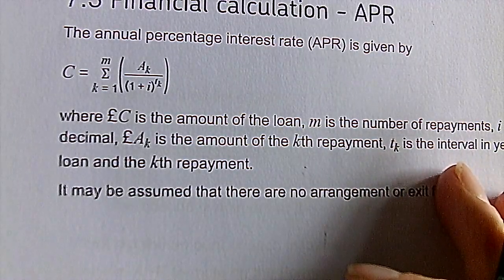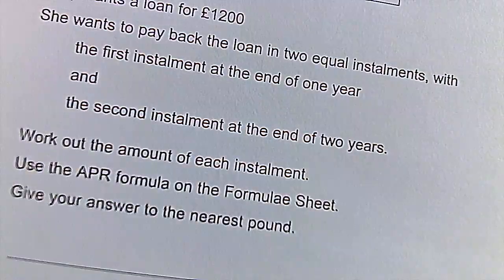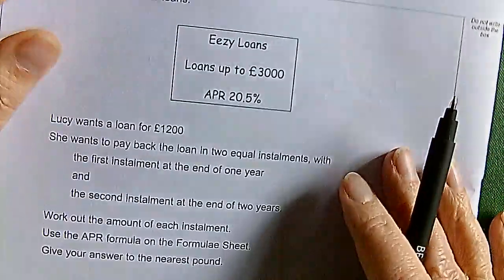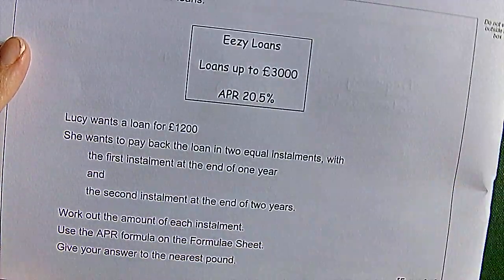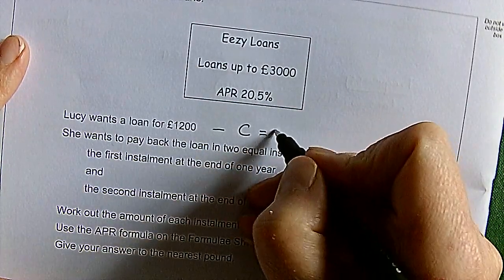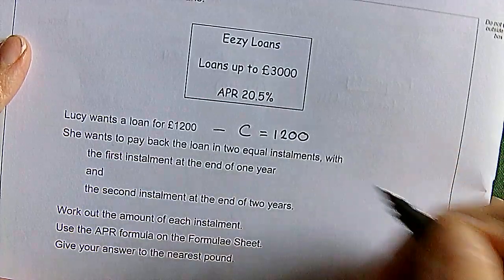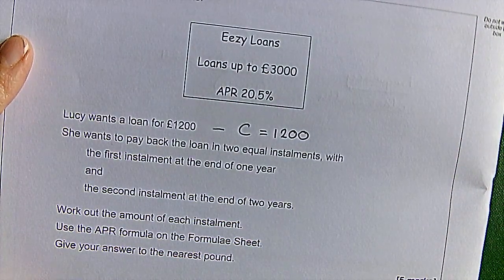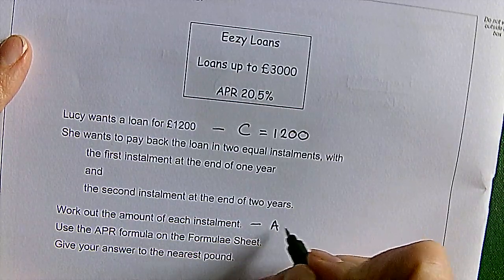Okay, so let's start figuring out what we can from the question. Zoom out a little bit. So C is the amount of the loan. So C is this 1,200 that she wants to borrow. A is the amount of each instalment. We don't know what that is.